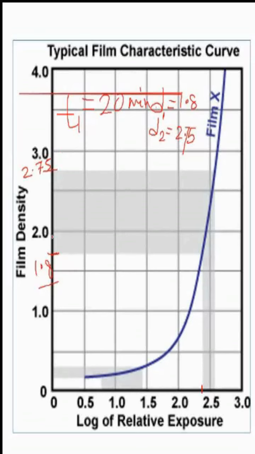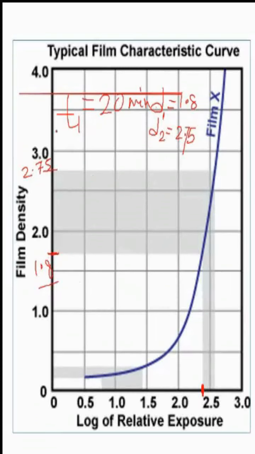Manufacturers of radiographic films provide such a characteristic curve of the film: if you give so much exposure you will get this density. So first of all we do trial and error. Whenever radiographers do it for the first or second time, they do it with trial and error and get a density of 1.8.